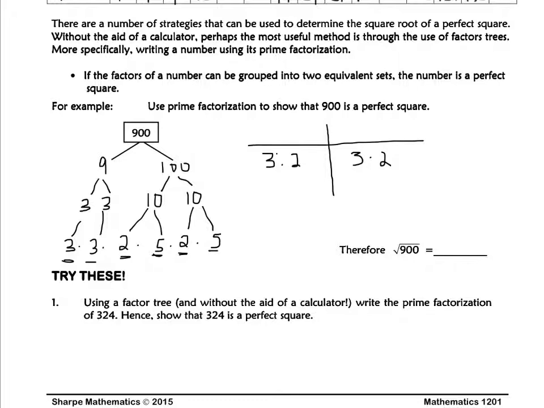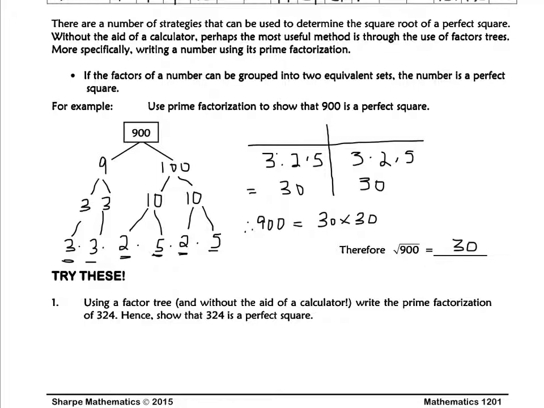And we've got 2 5s, so that one would go here and the other one there. That gives us 3 times 2 is 6 times 5 is 30 times 30. Because 900 is 30 times 30, then 900 is a perfect square, and the square root of 900 is 30.